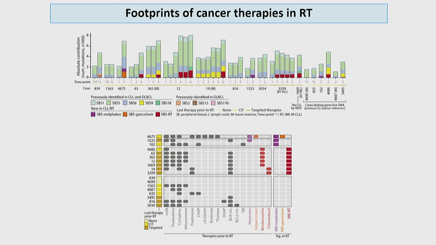So again, an imprint of the treatment. And intriguingly, all the patients that have this new signature that we have described have received either chlorambucil or bendamustine. So we think, and we did other experiments to show, that probably these mutations are introduced by these agents. Again, an imprint of the treatments in our genome.